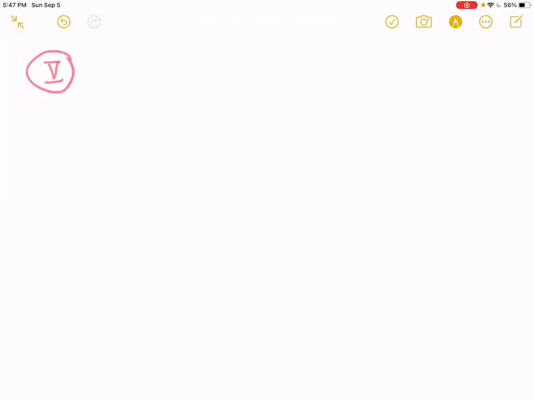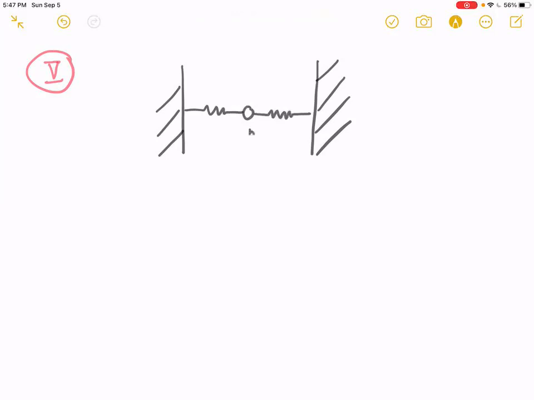So what I want to do next is take this system where I have one mass connected to two springs. Spring constants are identical.